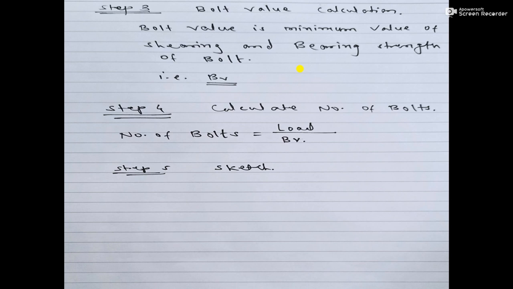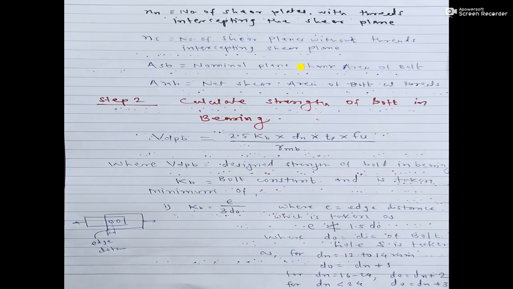See here, the edge distance is not less than 1.5 D0, where D0 is the diameter of the bolt hole, as I have explained all these things. So edge distance should not be less than 1.5 D0, that is the diameter of the hole.